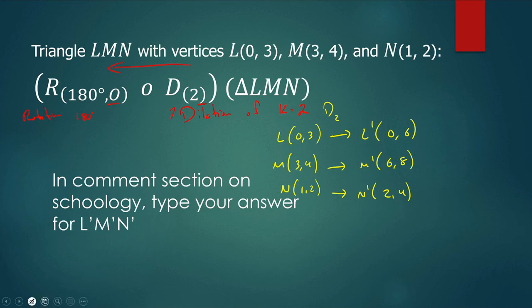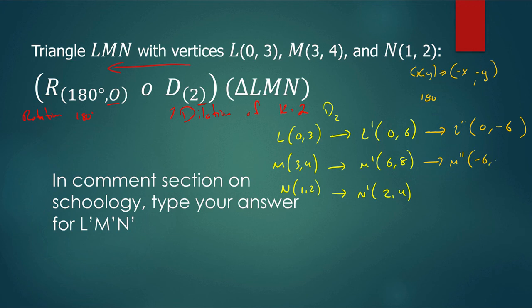So rotation of 180 degrees. So if we were to rotate 180 degrees, the rule for rotating 180 degrees, doesn't matter if it's clockwise or counterclockwise, is negative x, negative y. So that's going to give us L double prime, which is 0, negative 6, M double prime, negative 6, negative 8, and N double prime, which is negative 2, negative 4.